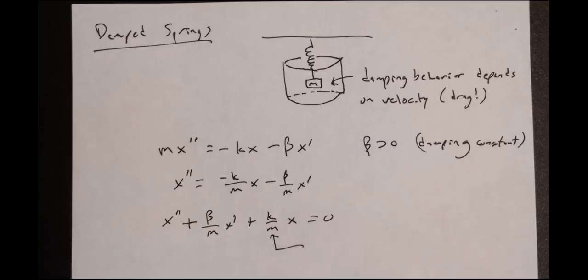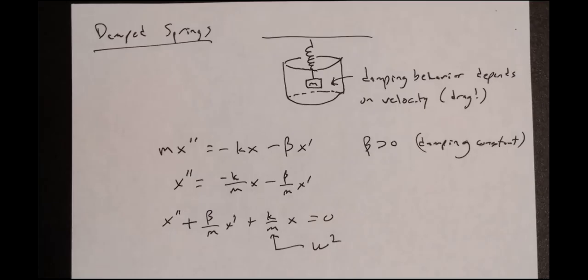We gave this a name, the k over m thing. What did we call that on Friday? Okay. We called it w squared because then I took the square root and that was the pieces for our cosine and sine.